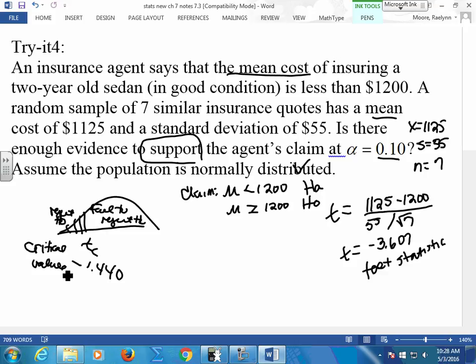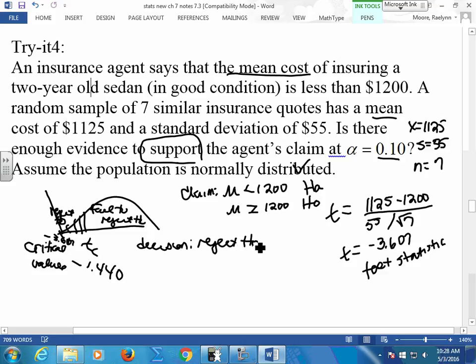Then we check there and we say, oh, that falls way over here somewhere. So where does it fall in? This is my decision. Reject H0. My decision doesn't go in my interpretation. My decision comes from first testing this, and I take it off my reject region. Then I say, okay, my claim is my HA.